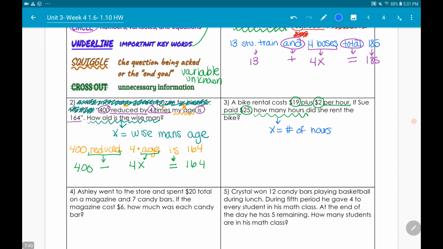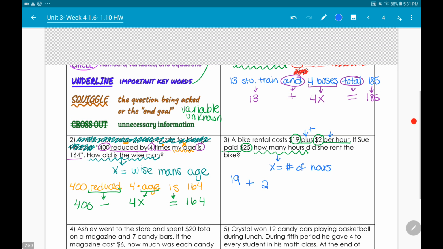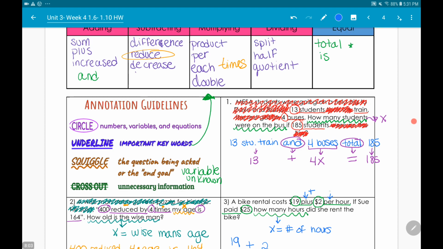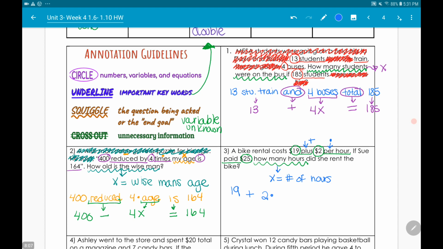I always get that from my squiggly piece. Okay, what else do I know? I have 19 plus means addition. $2 per, what does per mean? Per, if I look up here, means multiplication. And what am I multiplying with?